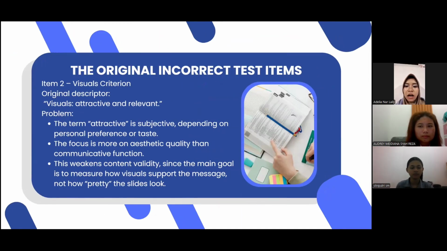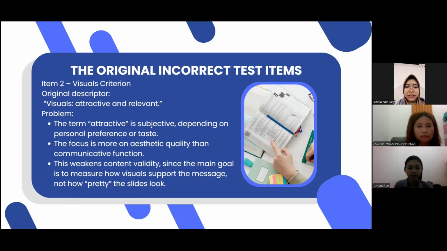And incorrect test item 2 is about the visual criterion. The original descriptor is: visuals, attractive, and relevant. There are some problems with this descriptor. First, the term attractive here is subjective, depending on personal preference or taste.